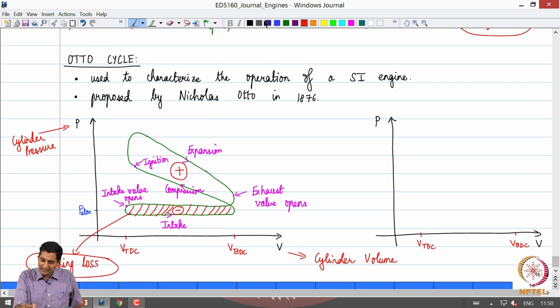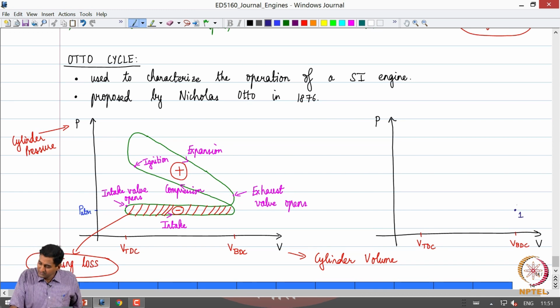So, in the air standard Otto cycle, what we say is that look, I am not going to consider this intake and exhaust stroke because I have a closed volume which is sealed and where the working fluid is only air. I start when the piston is at the bottom dead center.